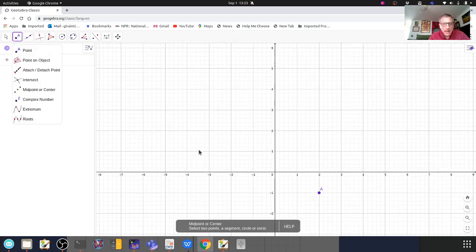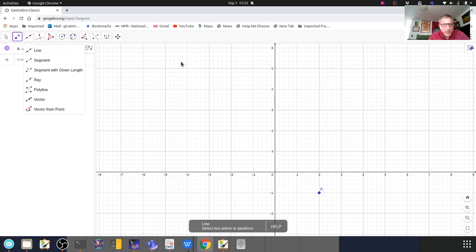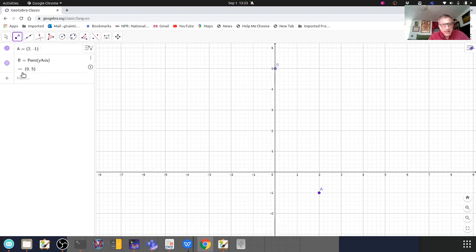So it's 0, 5. So right there is 0 on my x-axis, and then I move straight up vertically to my 5, and I put a point there, and right there I have 0, 5. What quadrant does it lie in? Not 1, not 2, not 3 or 4. Point B lies on the y-axis.